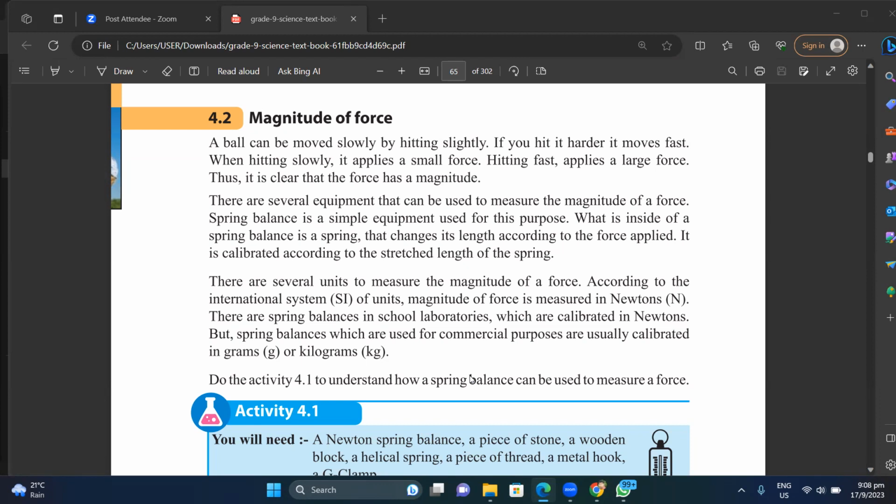If you hit slowly, the ball will move slowly. So that means the force can be measured based on the amount of force provided. Based on the amount of force provided, the magnitude of the force will change. Okay, how can we measure the magnitude of the force?